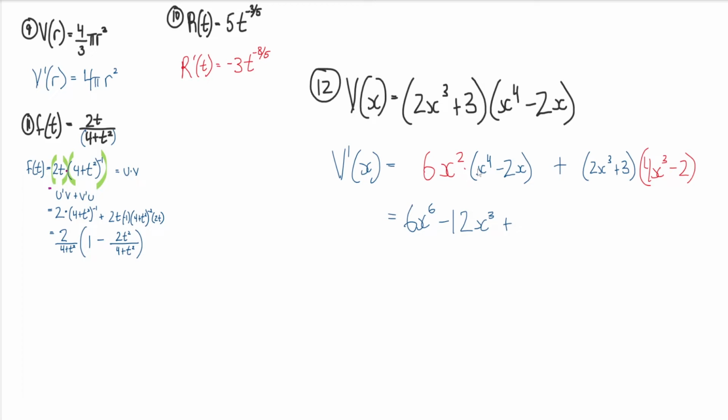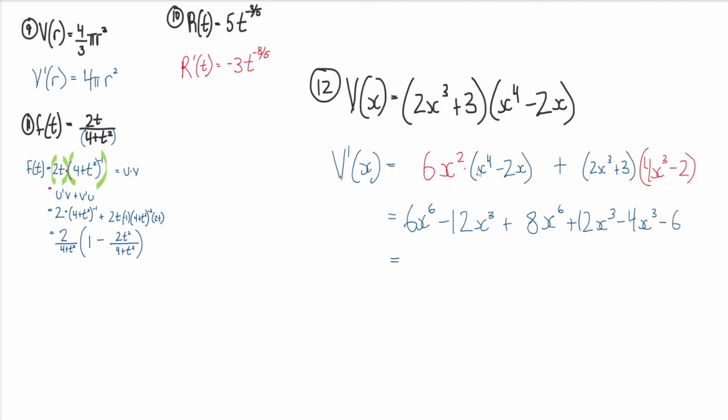So let's just do it. Okay, so we're FOILing, right? We can't even bring any 2's out. Okay, so 8x to the 6 plus 12x to the 3 minus 4x to the 3 minus 6, right?